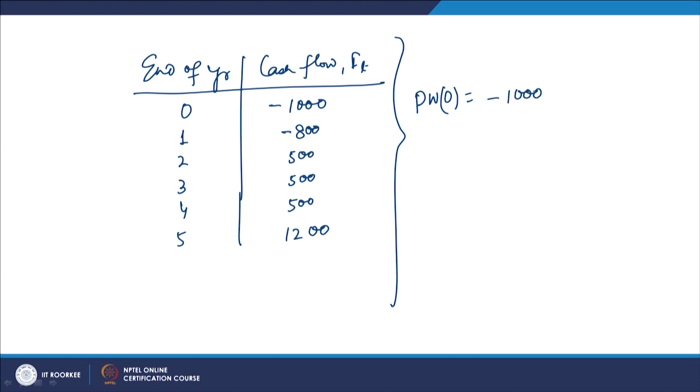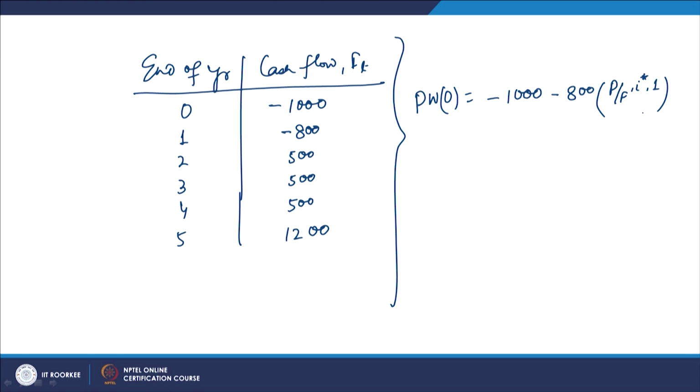For that, if you take the present value, minus 1000 is at time 0, so it is the present worth itself. Then you have minus 800, which will be multiplied with P/F, i*, 1, that is 1 by (1 + i*), where i* is the rate of return.